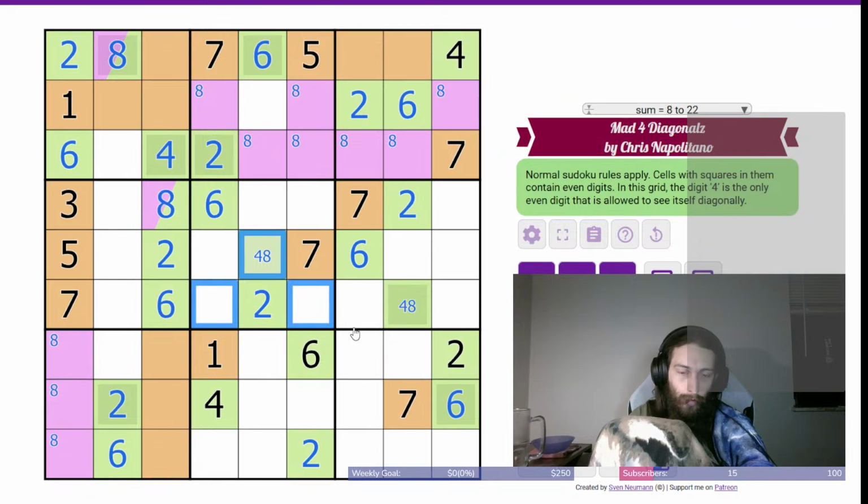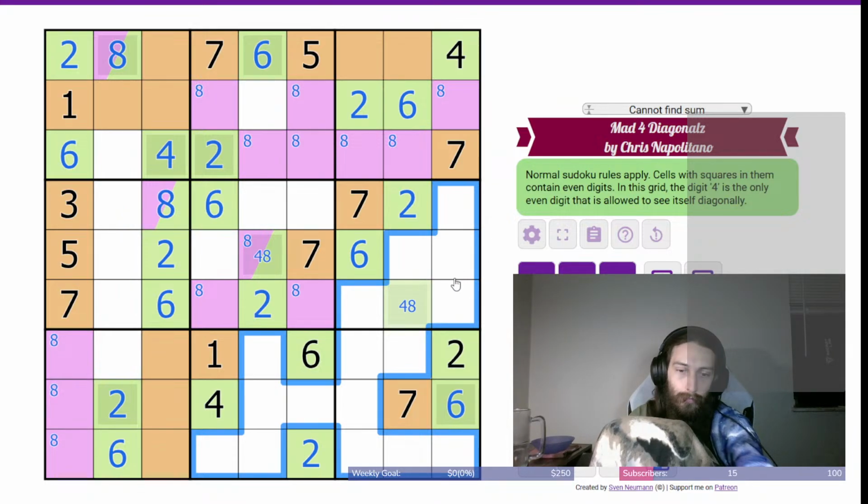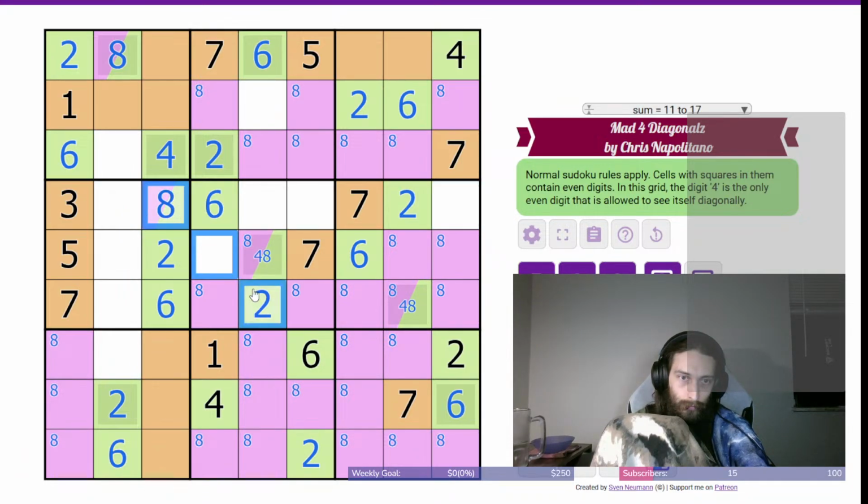Obviously not a 2 or a 7. You can eliminate a couple of those with diagonals.